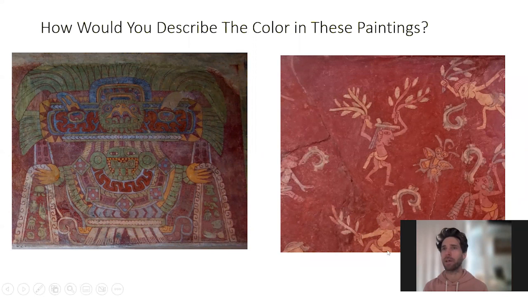And we have these figures in that space that are very simply described with slight shifts within a red palette. And over here we have greens and reds. If you look between this green and this red, what do you see? It's a slightly lighter value than the red, but not by much.